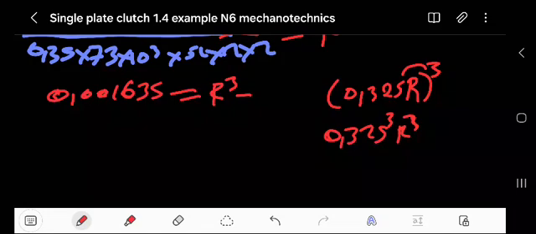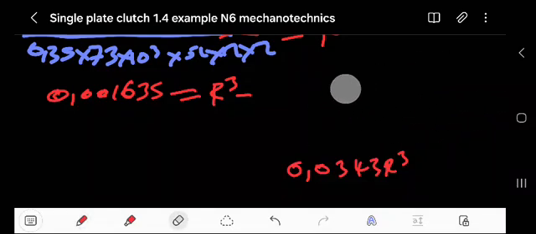Yeah, understand? Cubed. When you cube that, you'll simply have to cube that thing there. If you cube that, that will be 0.343 R cubed. This is what you will have there. This will be minus 0.343 R cubed.